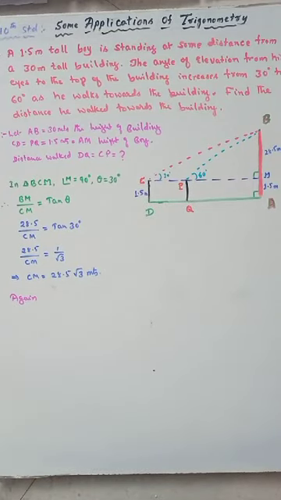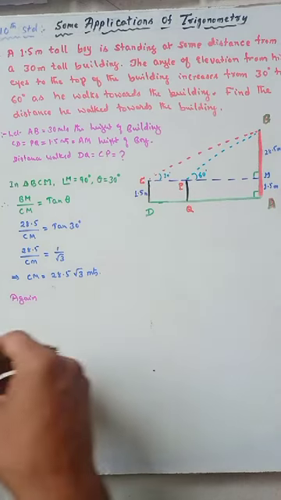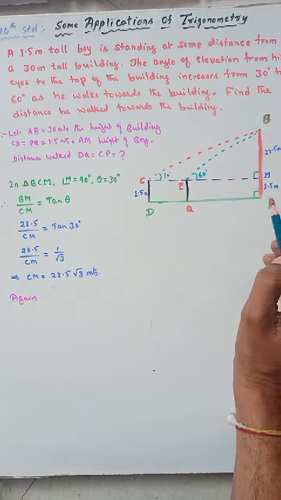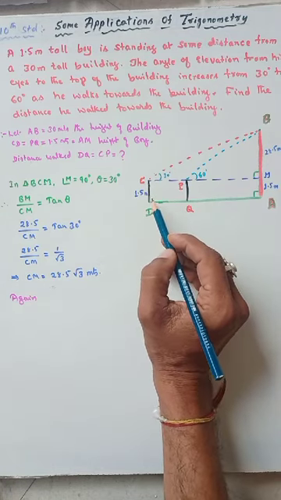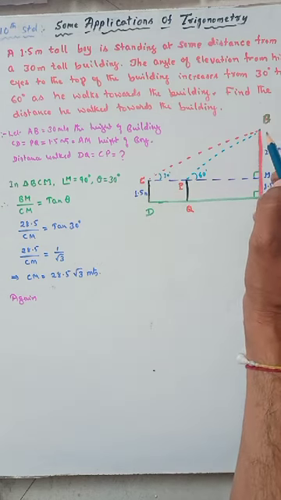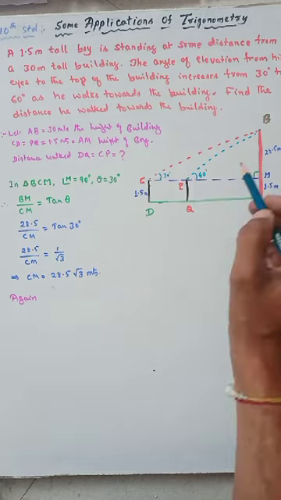Now let us consider a rough diagram for this one. Let me consider AB be the height of the building and CD be the boy, 1.5 meter. Now here is the line of sight.